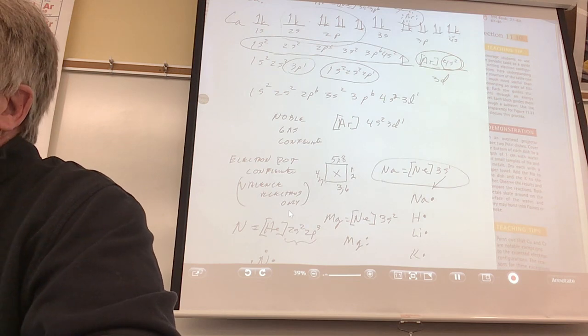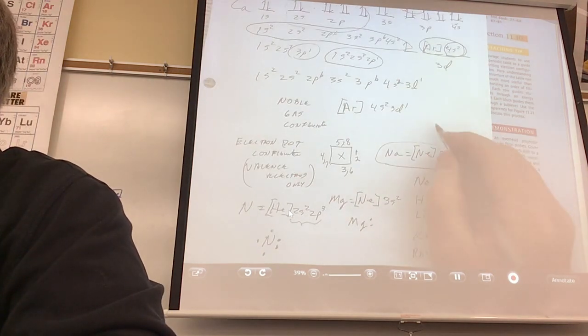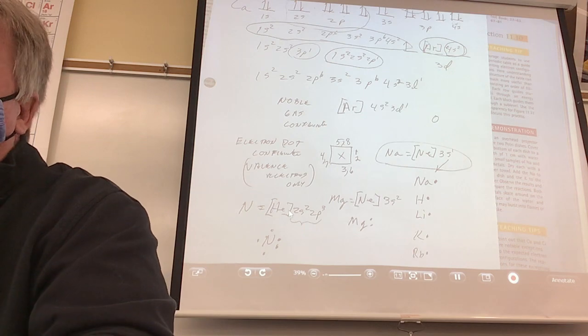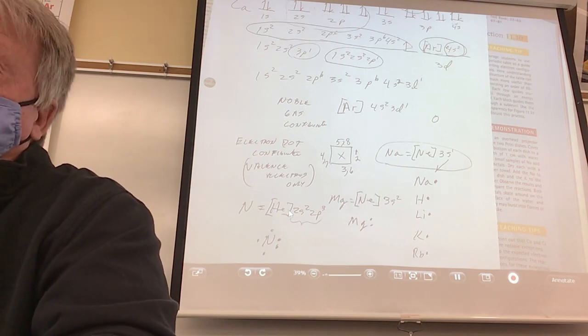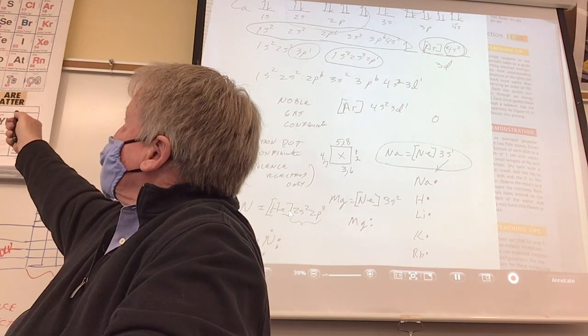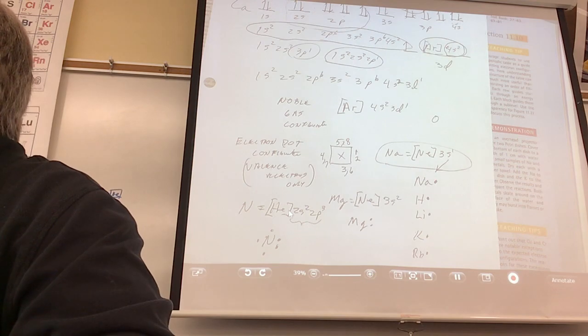Okay, so let's pick one. How about one more electron dot for oxygen? What's oxygen's electron dot? How many valence electrons does it have? And don't make more work than you have to. 6. It's right there for you.